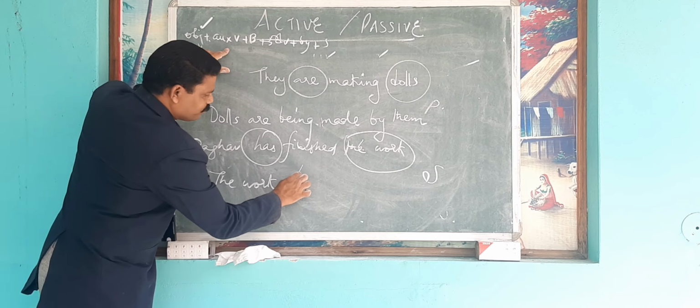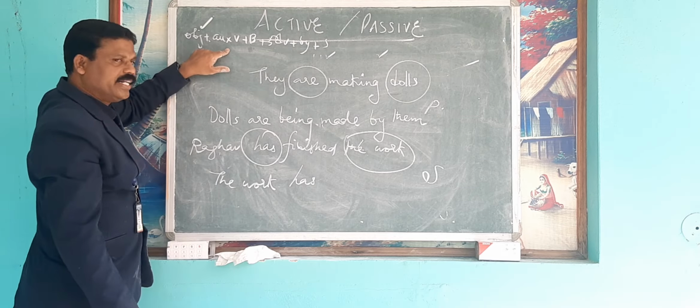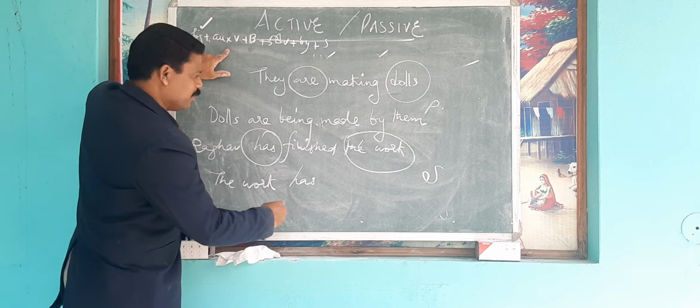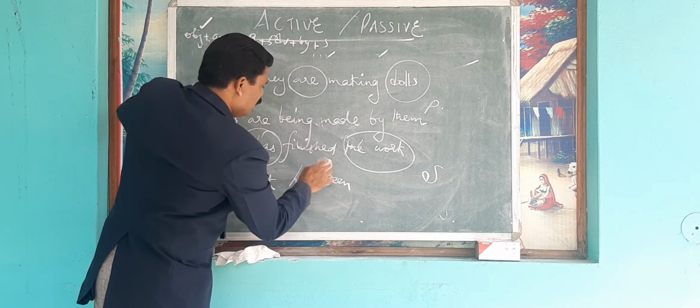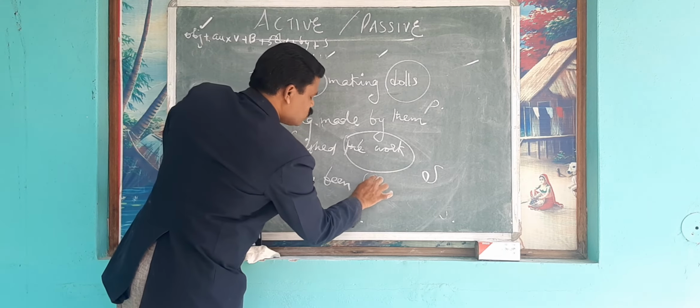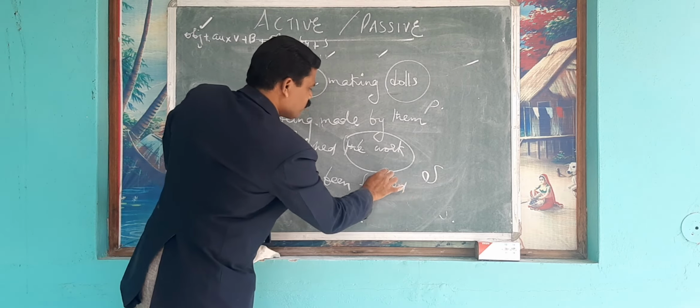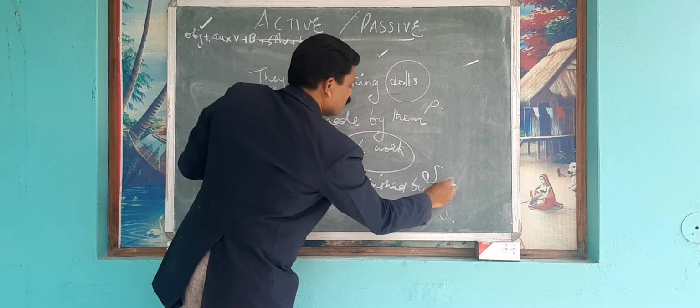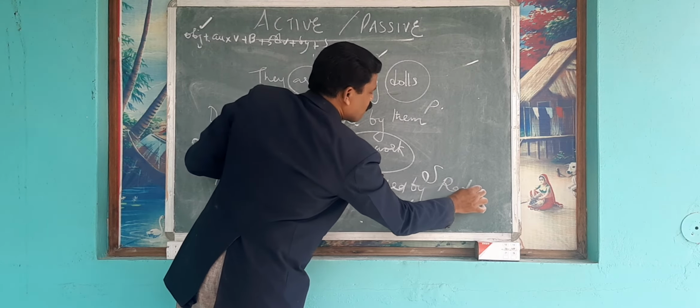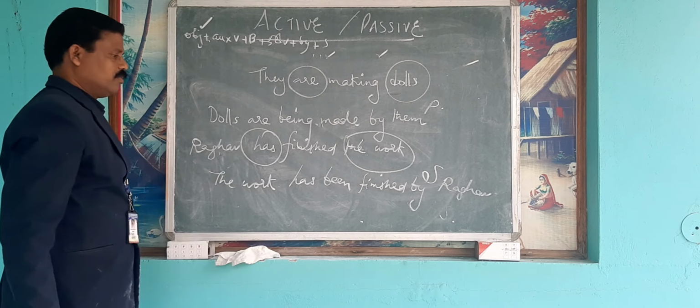Auxiliary verb has. What is the word added to has? Been. Finished. Third verb is also finished, by subject, Raghav.